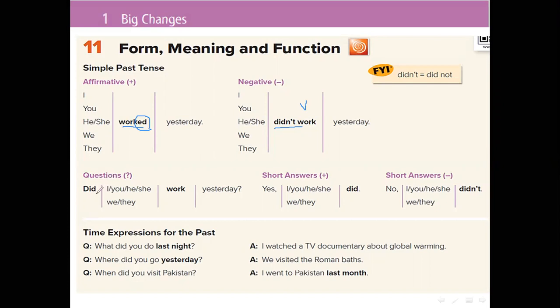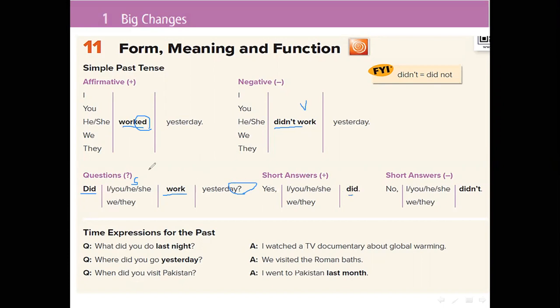How to make a question in the past simple tense? We will use did plus subject and the verb in the infinitive form. Did you work yesterday? Did they work yesterday? And don't forget the question mark. To answer, yes, I did.